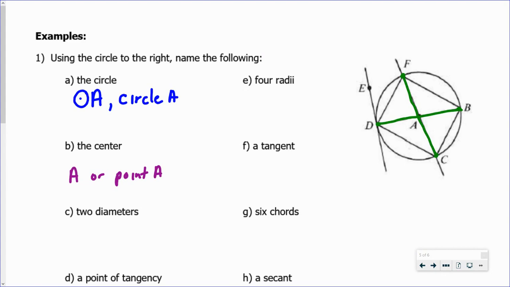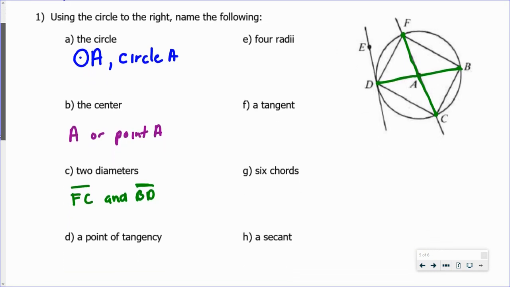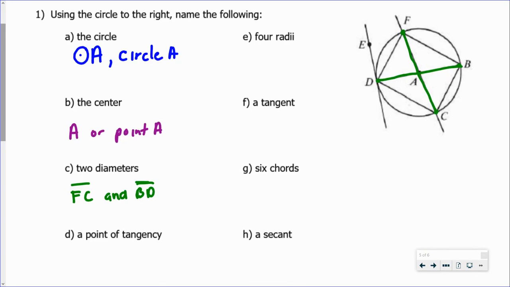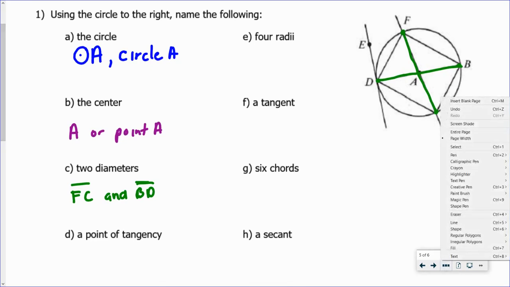So in this case, segment FC and segment BD, those would be the two diameters that are pictured in this diagram. Obviously, there are others that we could draw in, but those would be the ones that are pictured in the diagram.